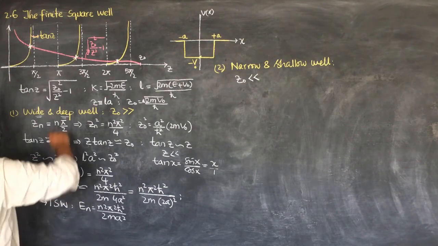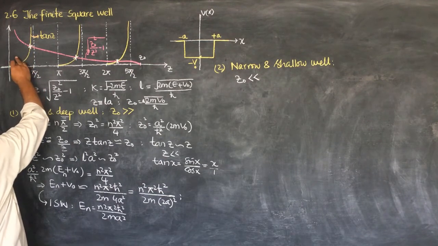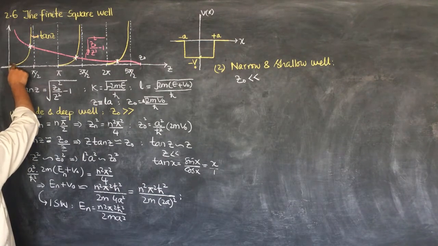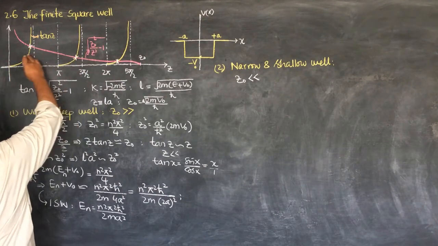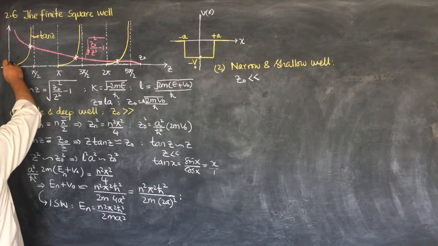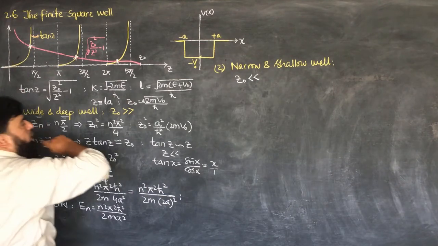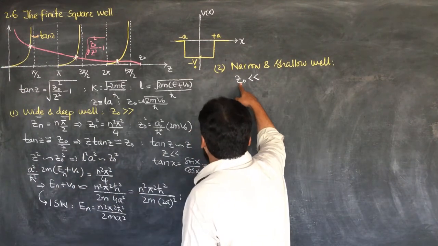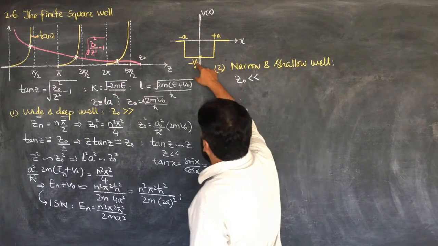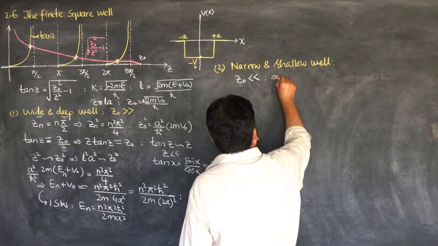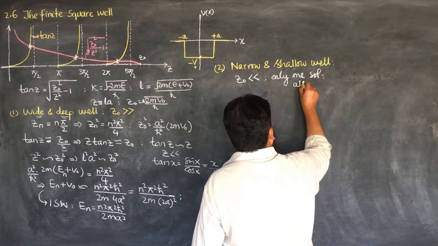When z naught squared is very, very small, the pink curve comes down, touching zero. So even for the weakest value of z naught, the weakest V naught of this shallow well, we will have only one solution possible always.